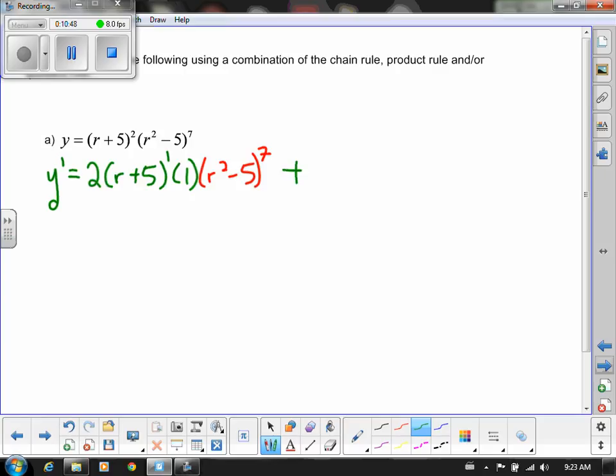Plus, now I'm going to do the exact same thing, but it's the second bracket that I'm going to take the derivative of. So I'm going to have 7 times r squared minus 5 to the power of 6 times 2r, because that's the derivative of r squared minus 5. And then I'm going to multiply it by the first unchanged.